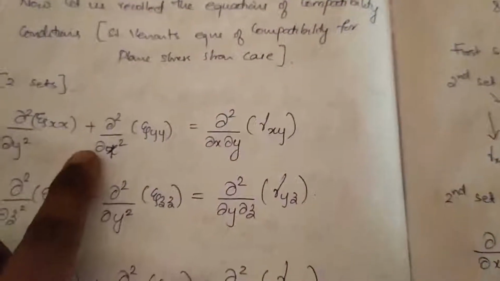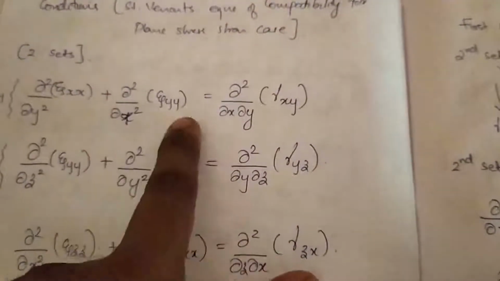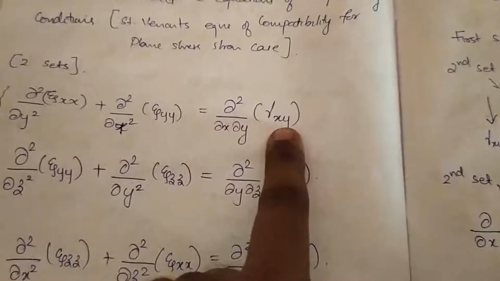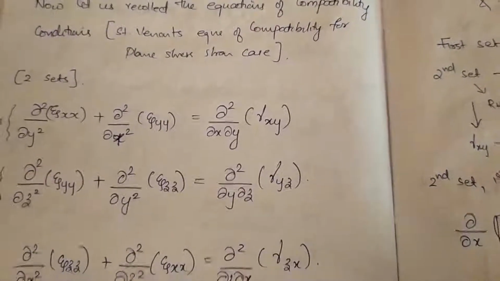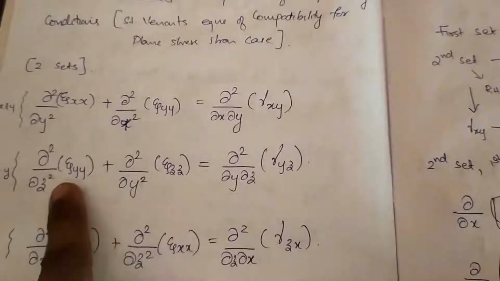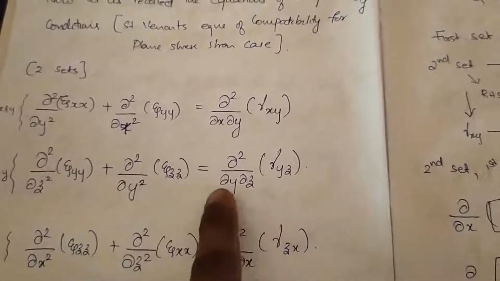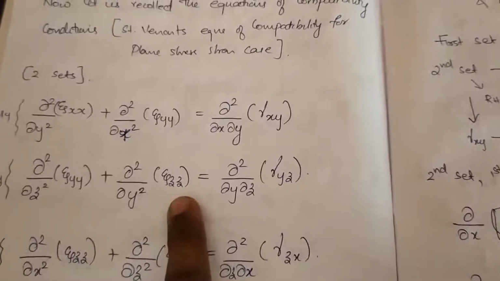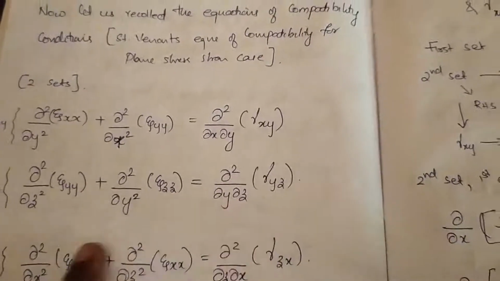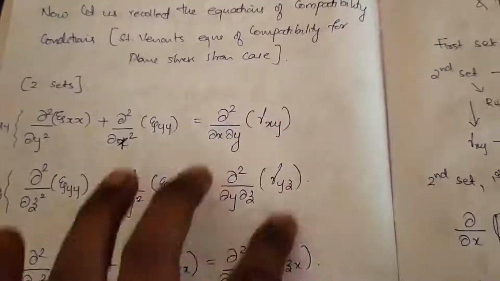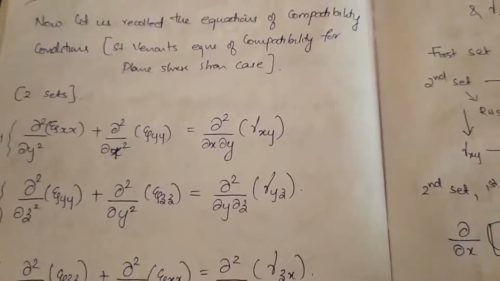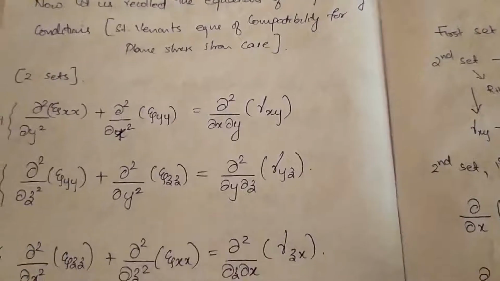In the first set, the whole thing, epsilon xx, epsilon yy, gamma xy, is 0. And in the second set, this second equation also, epsilon zz is 0. So this should be 0. Okay, and these all became 0, right? Z terms are 0.